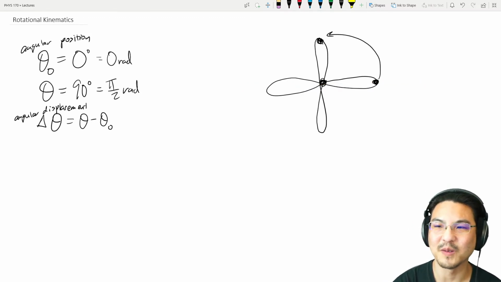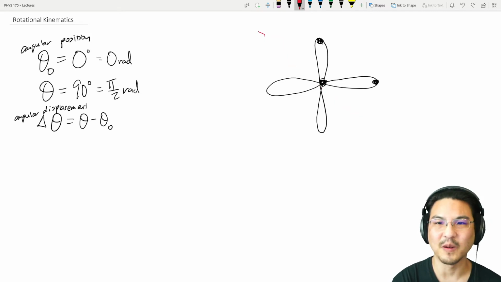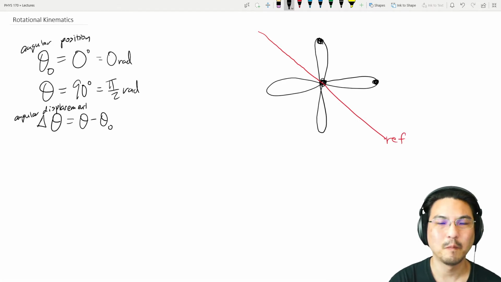But the numbers depend on the reference. For example, if I pick a different reference, let's say here, and then the initial angular position, let's say here is 45 degrees.